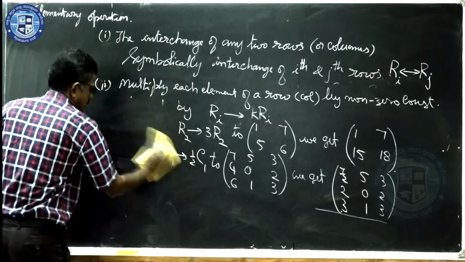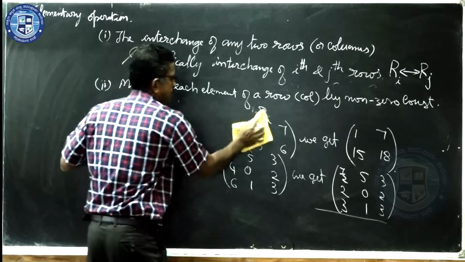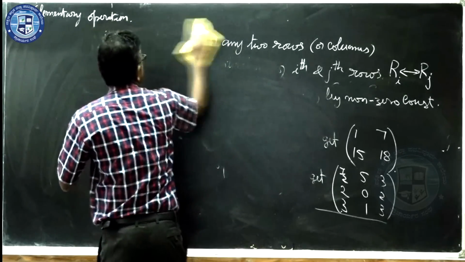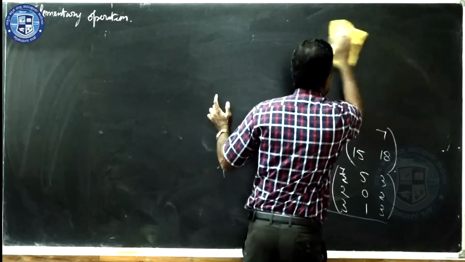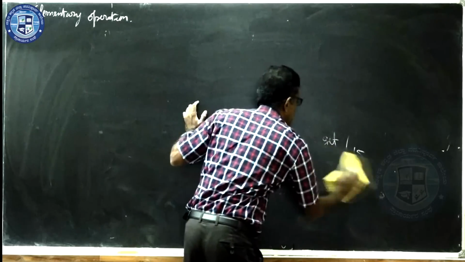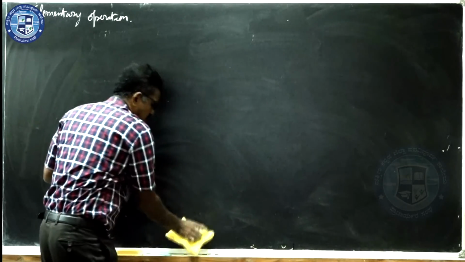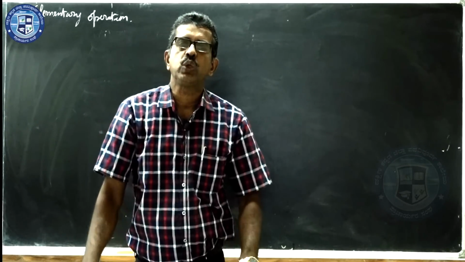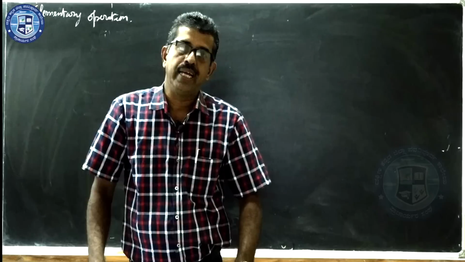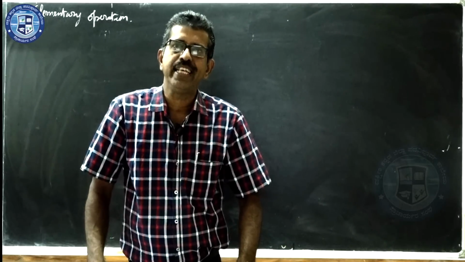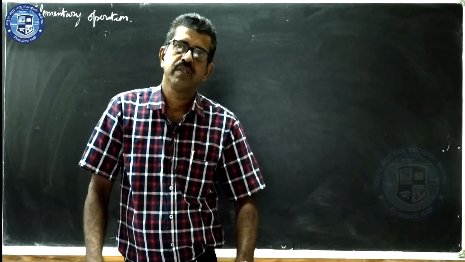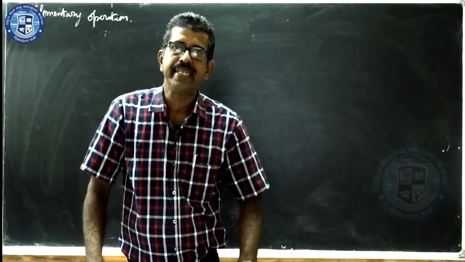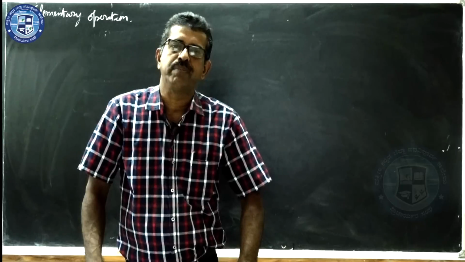Now, the third operation is like this: the addition to the elements of any row or column the corresponding elements of other row or columns multiplied by any non-zero number.